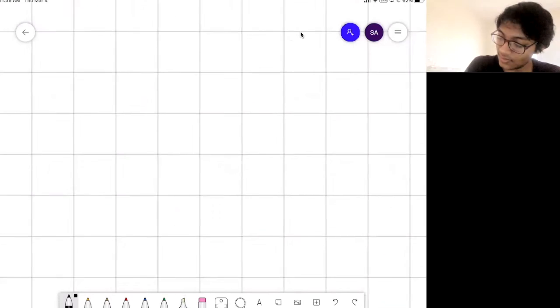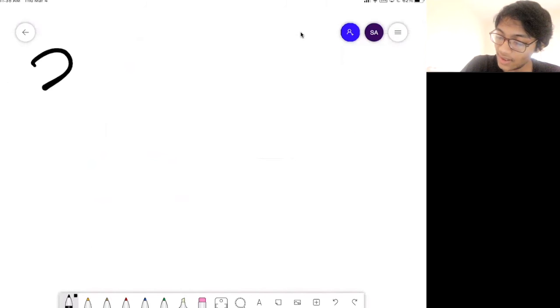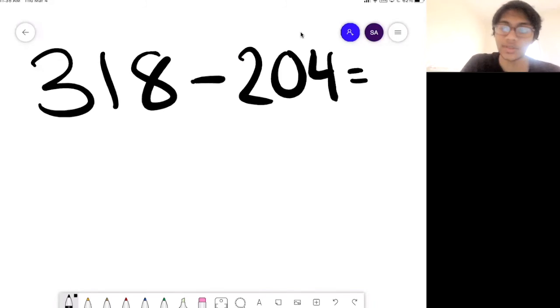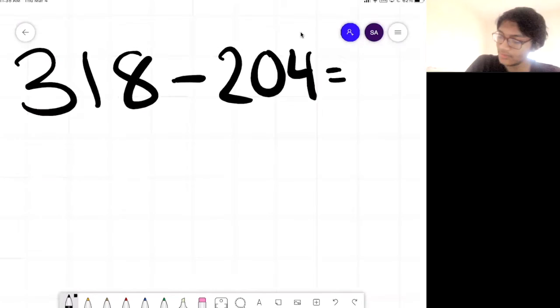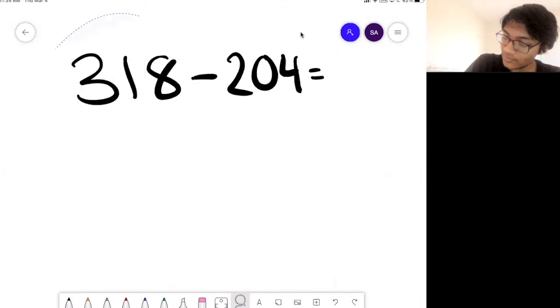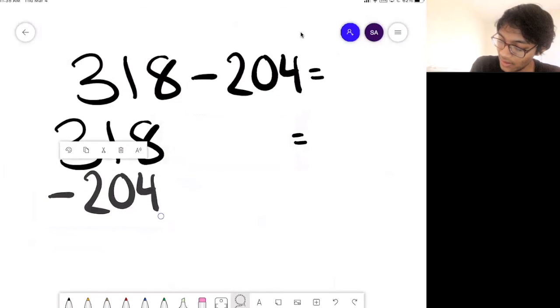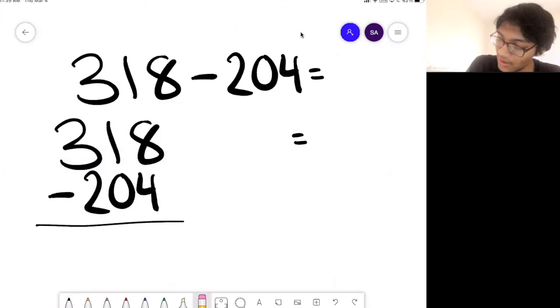So let's say I have 318 minus, I don't know, 204. So how can I do this one? Well, again, I'm going to copy this, right? Copy this, put it right here, put the minus 204 under my 318, put my bar, erase anything I don't need, and now I can do my math.